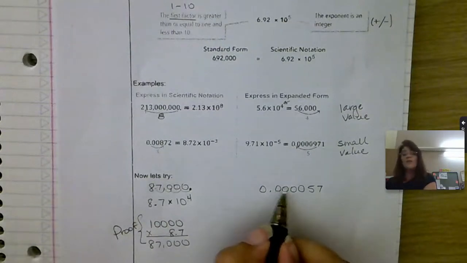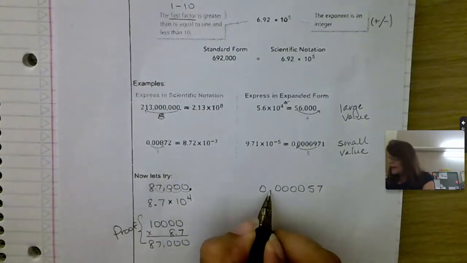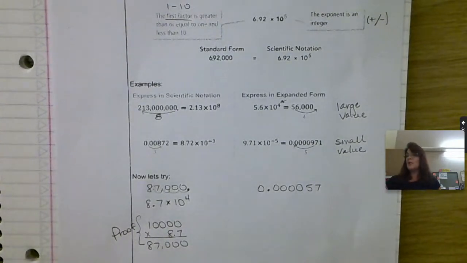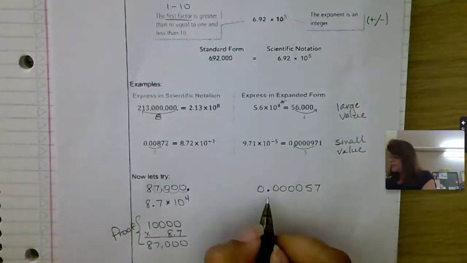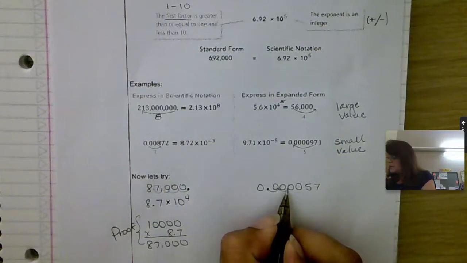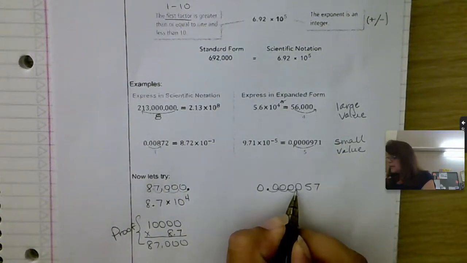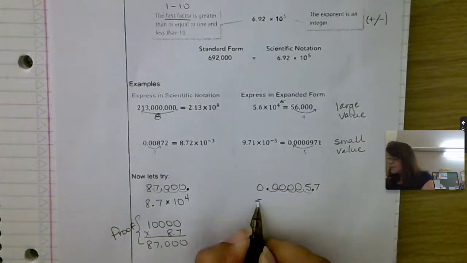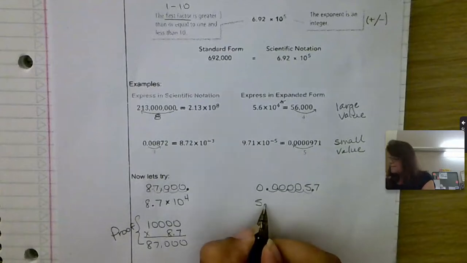Now, if I have a decimal value, I already have an existing decimal. Now I'm moving my decimal to the right. 1, 2, 3, 4, 5 spaces. I get a number that's between 1 and 10.